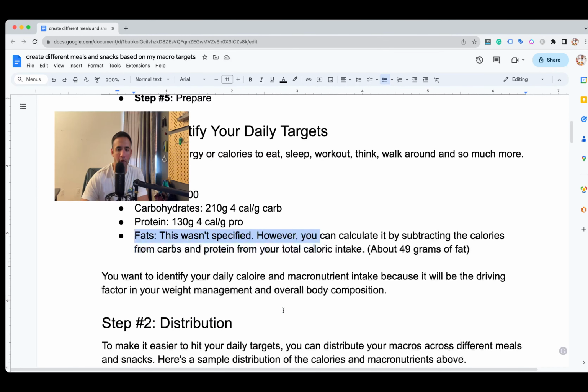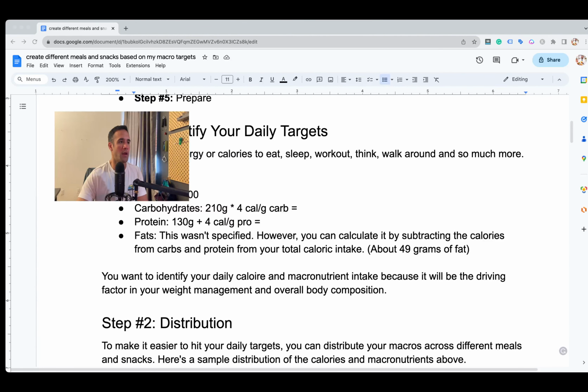So I just did some math real quick. You can take your protein and your carbohydrates, 210, excuse me, and 130, times 4. That's going to give you the calories coming from both protein and carbohydrate.